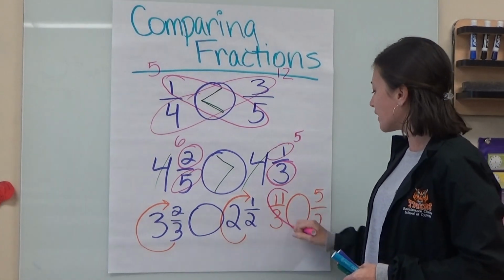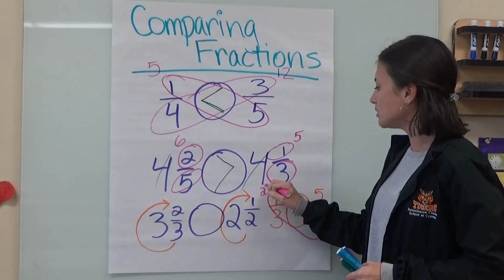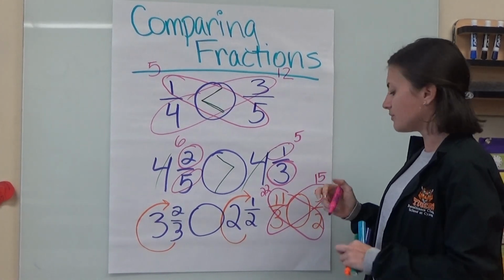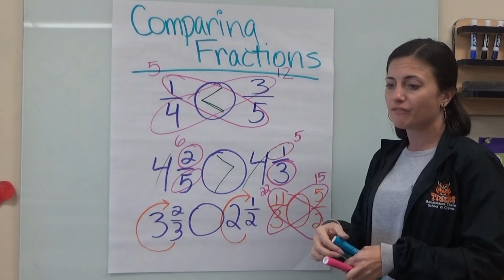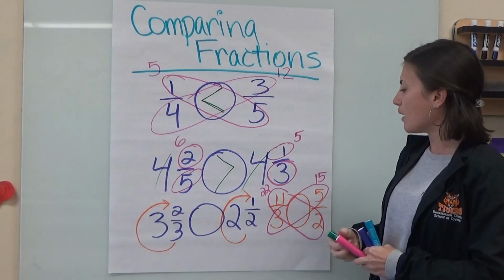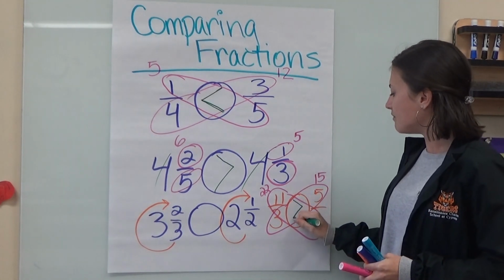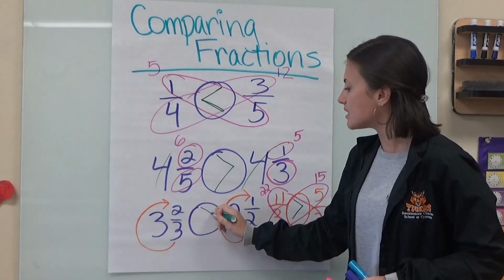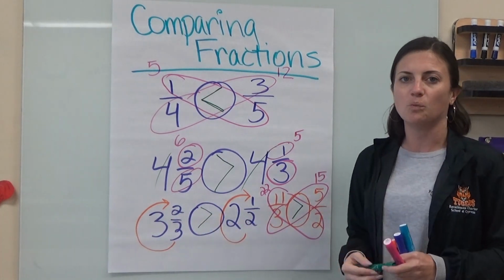So I'm going to multiply across. 11 times 2 is 22. 3 times 5, 15. 22 is bigger than 15, so my gator mouth should be facing 11 over 3, which means 3 and 2/3 is bigger than 2 and 1/2.